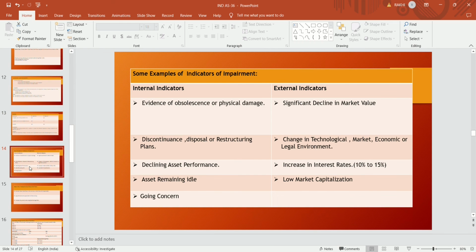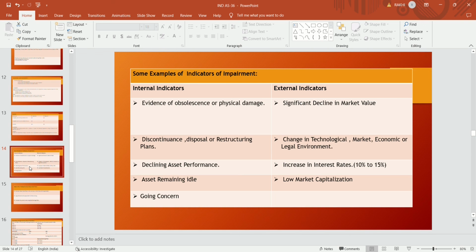Why will the company do the impairment testing? There are two types of indicators of impairment. If we determine these indicators are there, we will do the impairment testing. There are some internal indicators and some external indicators. What are the internal indicators?